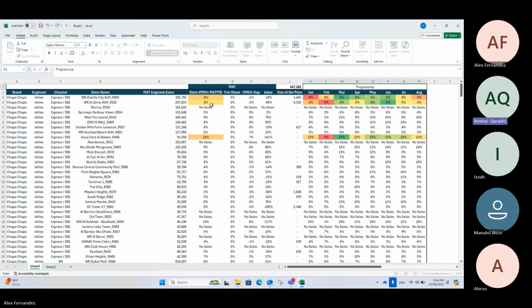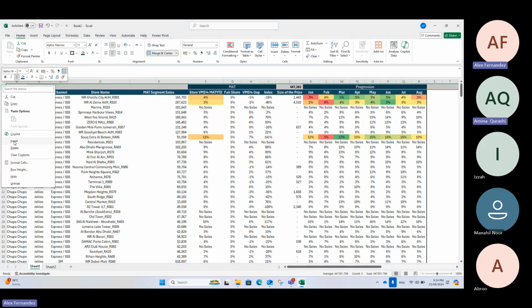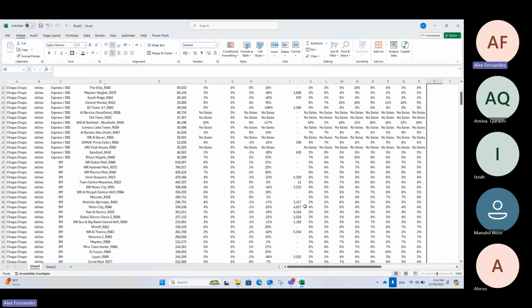So they might be doing something different within segments as well, because the shopper is different. The one who shops for lollipops is different from the one who shops for chewing gums. So maybe in these stores where the size of the category is small, you need to focus on other segments, or make sure you target the shopper in a better way.